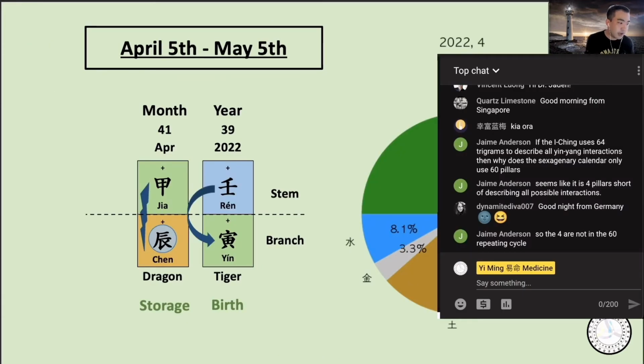So the 4 are not in the 60 repeating cycle. It is in the I Ching's perspective, but those 4 are not really imaged in the 60 pillars. It is kind of the main column of the whole universe, and what is moving is the 60 pillars. Those 4 elements, heaven and earth, fire and water, are not really moving.